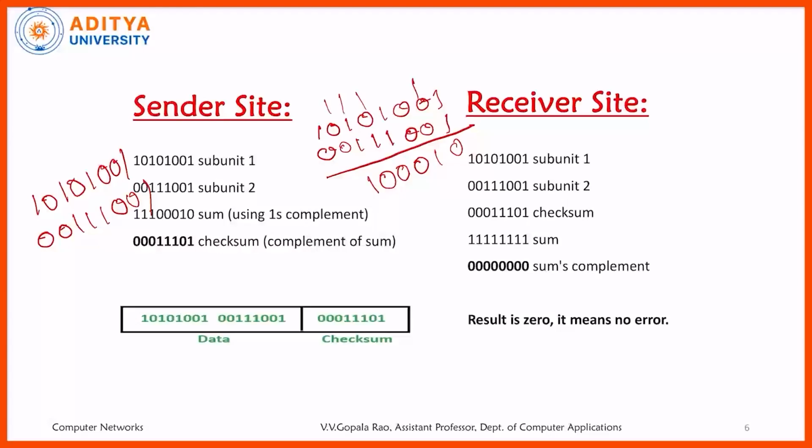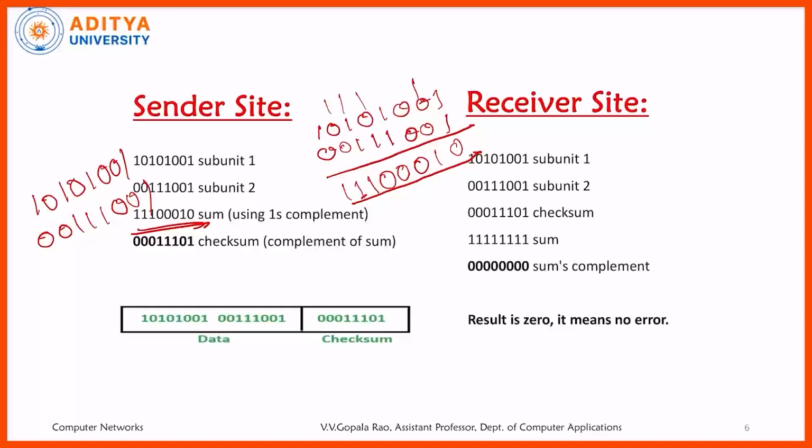So, this is the value we obtain after summing, 11100010. This is the sum value indicated here. As I already told you, this sum should be complemented. Complemented means wherever you find 0, you replace it with 1, and wherever you find 1, you replace it with 0.